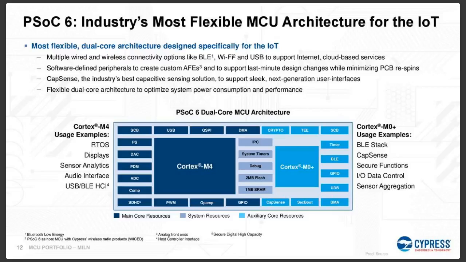So if you really wanted the M0+ to manage, say, some of the other serial communications and just let the M4 do all the processing, that's certainly up to you in your design. But if you wanted the M4 to do the serial interface and the control and the interrupts, that's okay too. It's up to you how you partition it. But again, we typically do the M0+ with the boot up, security, and BLE, and then the other functions on the M4.